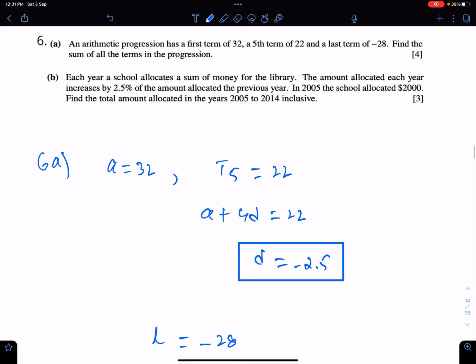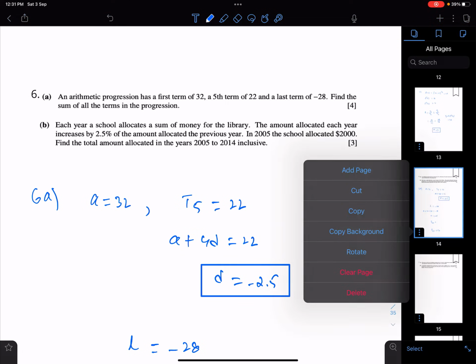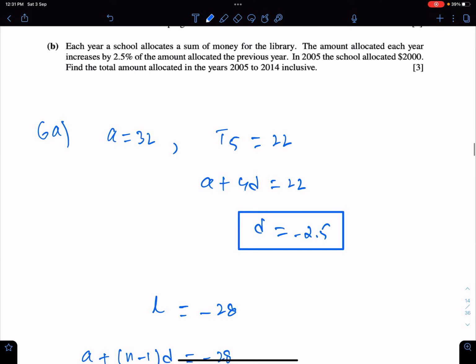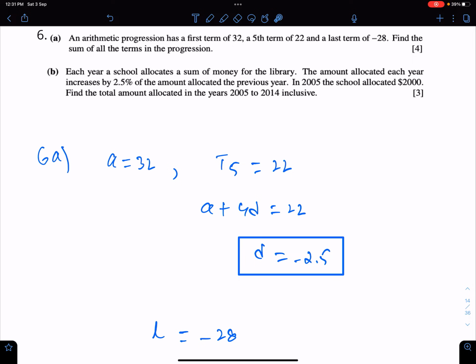Part B. To save time, I'm not solving questions completely. Part B is, each year a school allocates a sum of money for the library. The amount allocated each year increased by 2.5%.